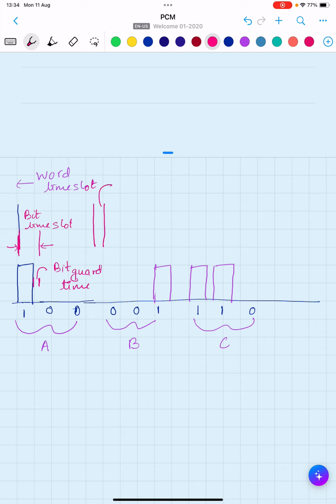So this is your word guard time. So when we transmit any information in a digital system, we make sure that there is a guard time between the two bits, and there is a guard time between two pulses also. Like A, B, and C are three different pulses, so there should be a guard time between them also.